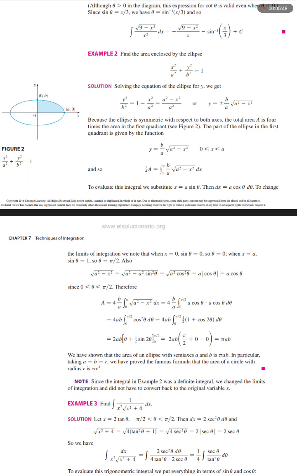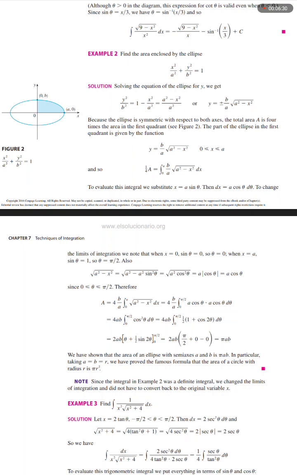Solving the equation of the ellipse for y, we get y squared over b squared equals 1 minus x squared over a squared, equals (a squared minus x squared) over a squared, or y equals plus or minus b over a times the square root of a squared minus x squared.